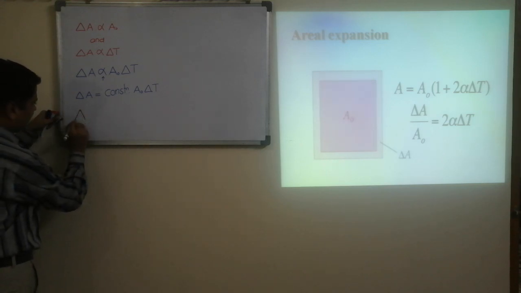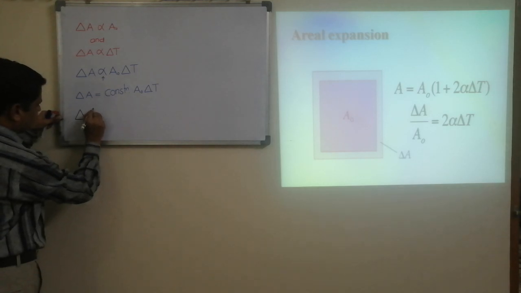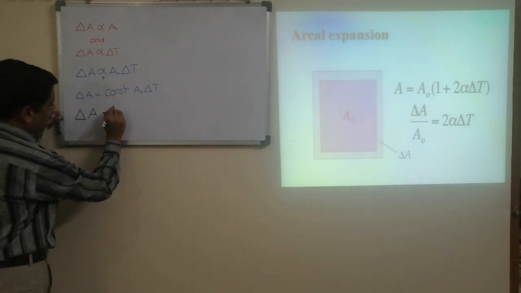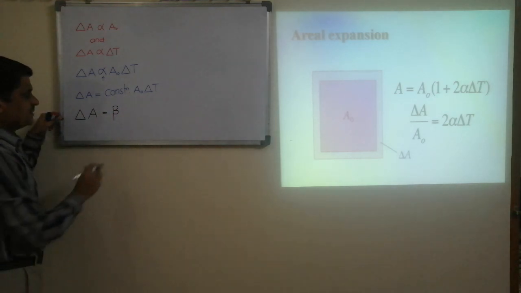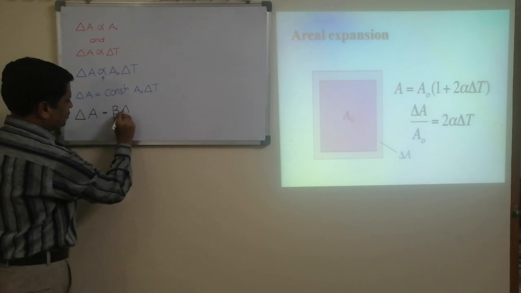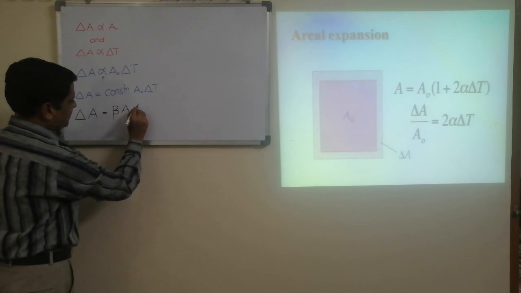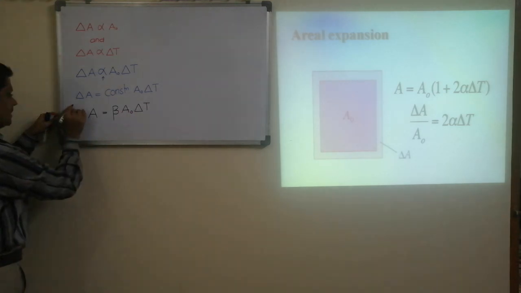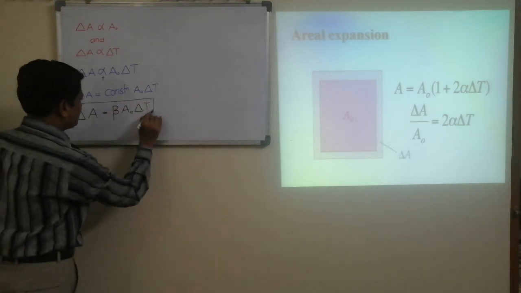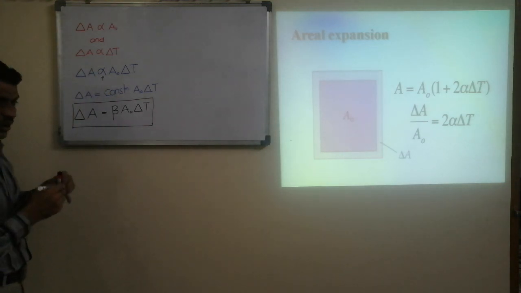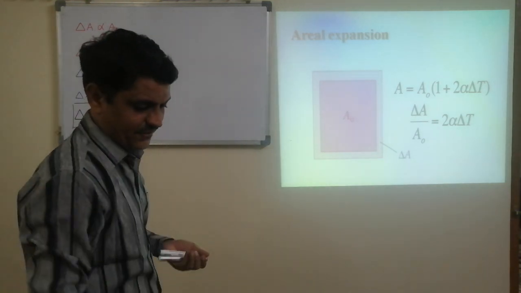Therefore, delta A, the change in area, is equal to beta, the proportionality constant, into initial area into delta T. So this is the expression for the change in area of a body on heating, right?